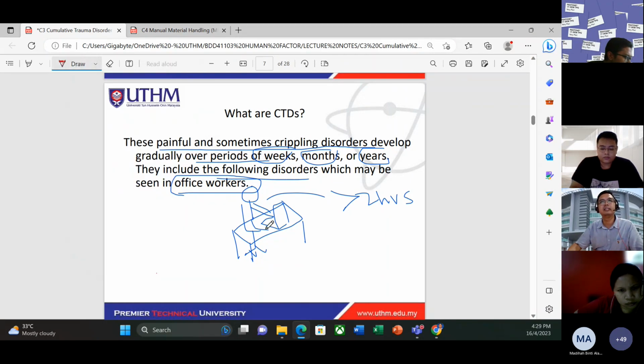Such as carpal tunnel syndrome, due to repetitive work and awkward posture of the wrist and hand. Another MSD injury is lower back pain, LBP, due to prolonged standing or prolonged sitting at work with improper posture, for example. So this is for office work.